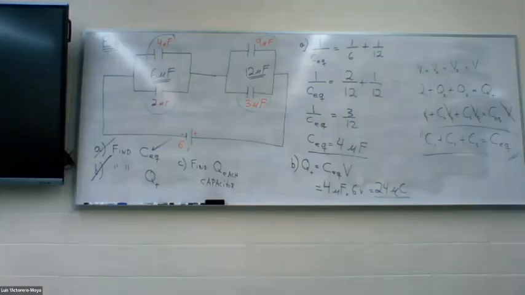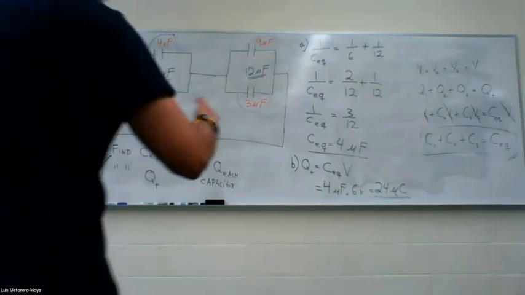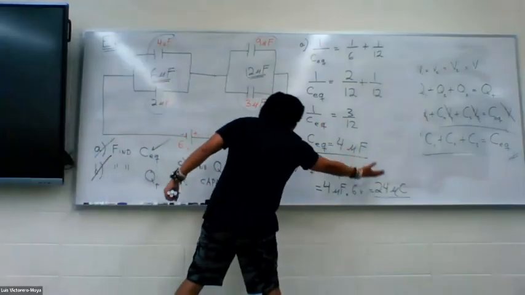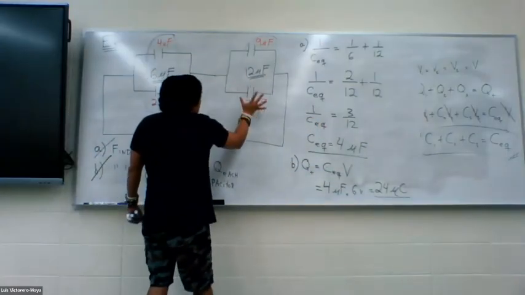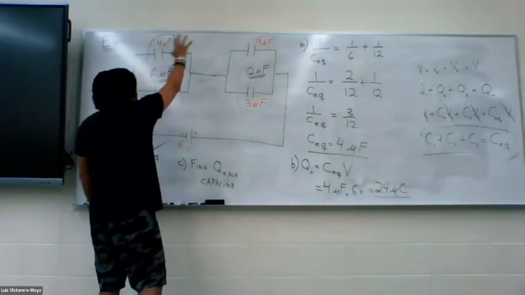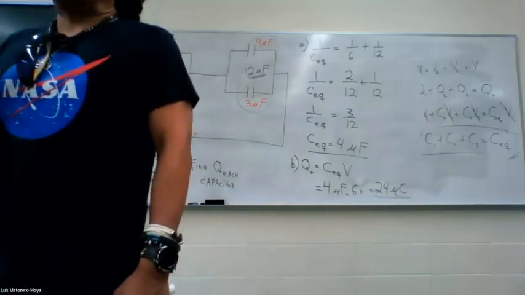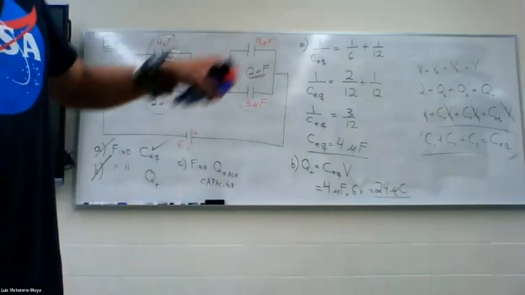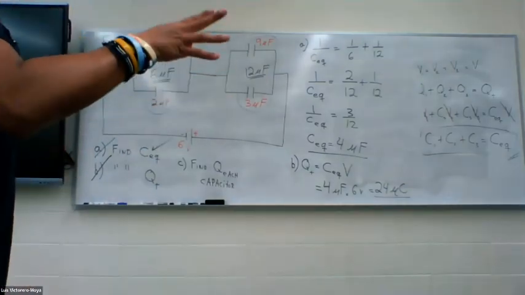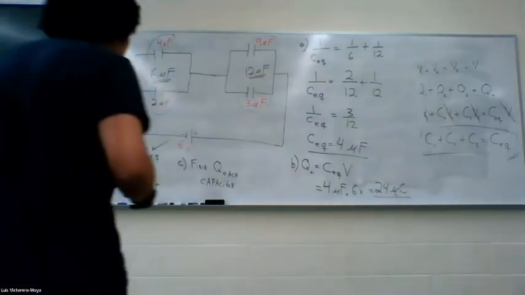What you need to be careful about, though, is how you find the charge on each capacitor. You basically have to go back, bring this back here, and split the charge, which you know in parallel is not constant. But let's go backwards though, all right?